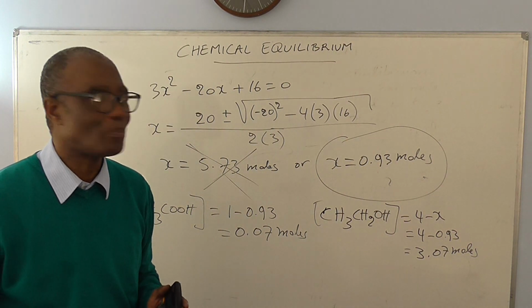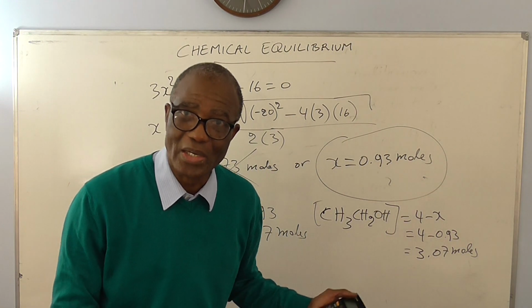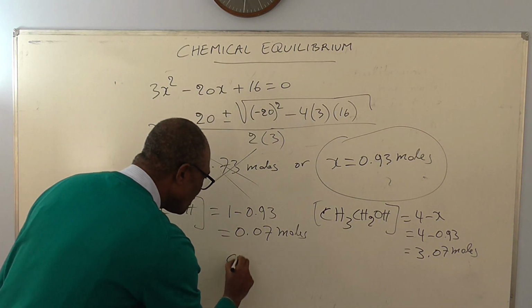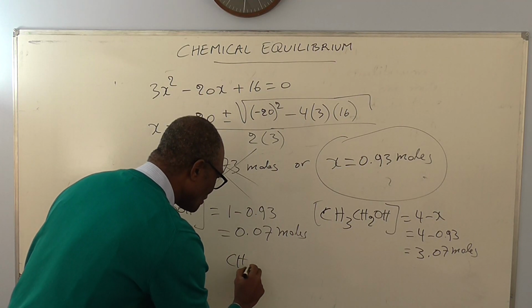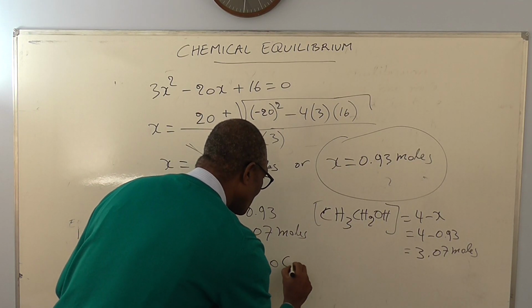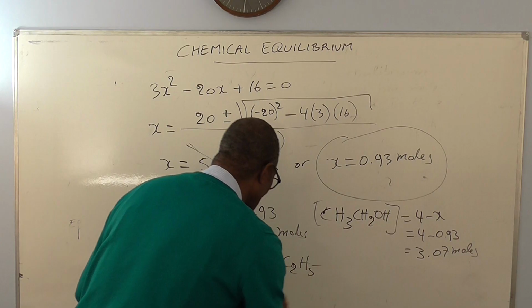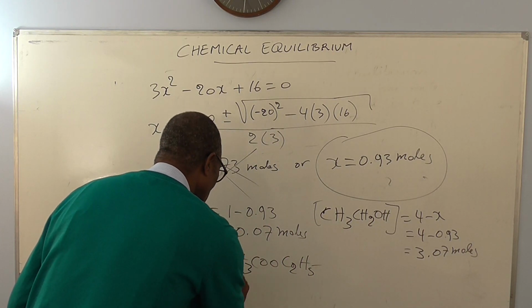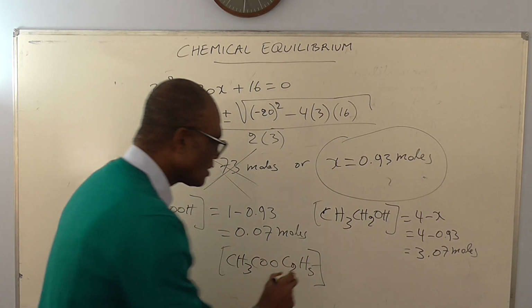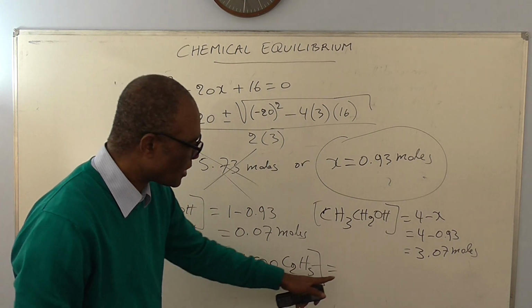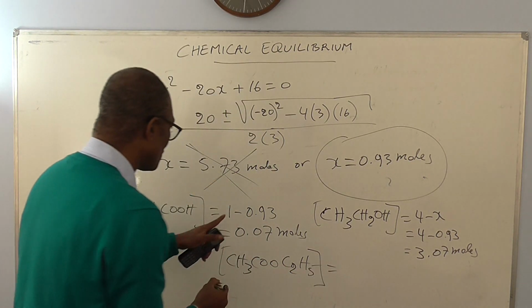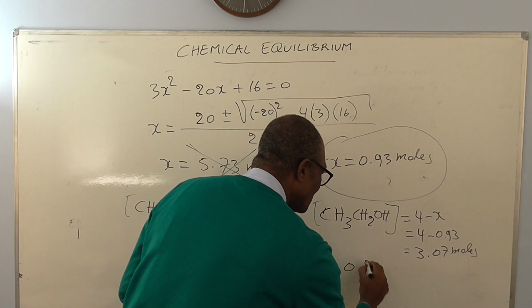What about the ester that we had? Remember, for the ester it was x, and the x that we got here is 0.93 mole.